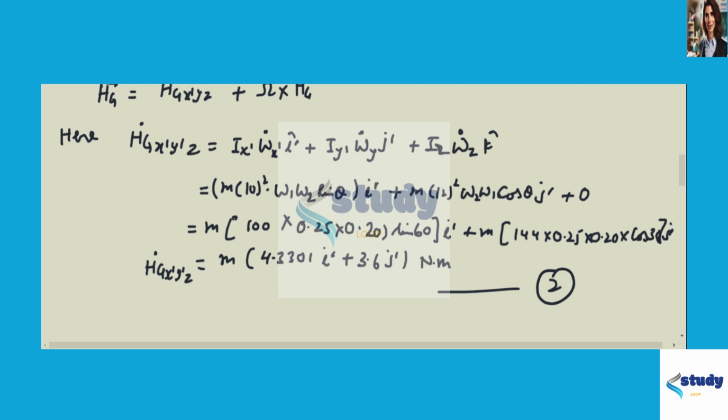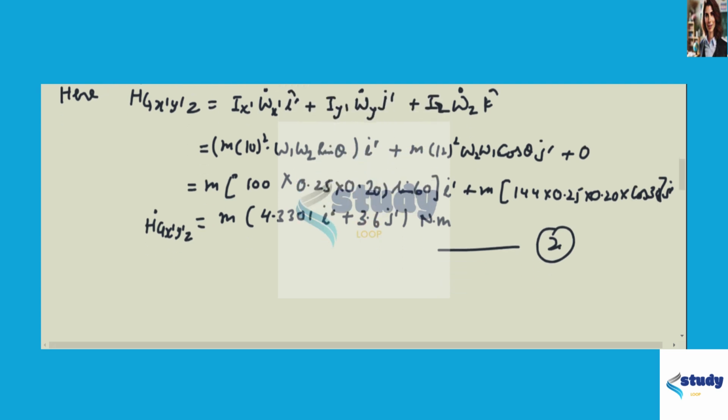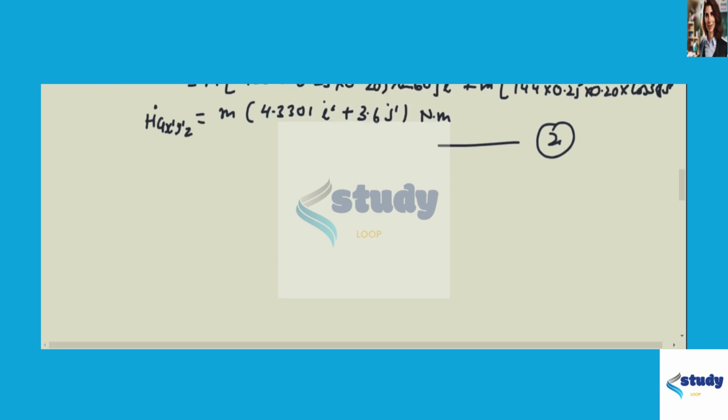Equation number 2. Now we can find the value of omega cross Hg.